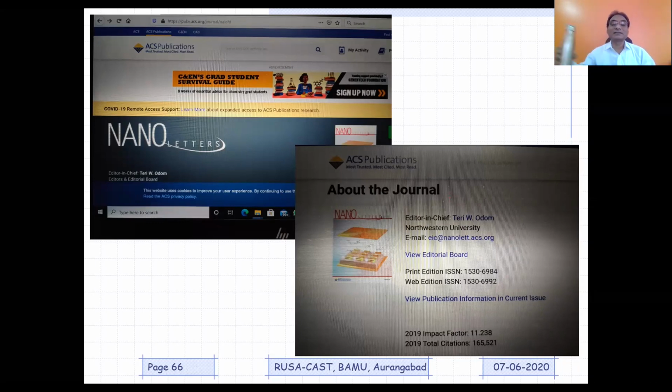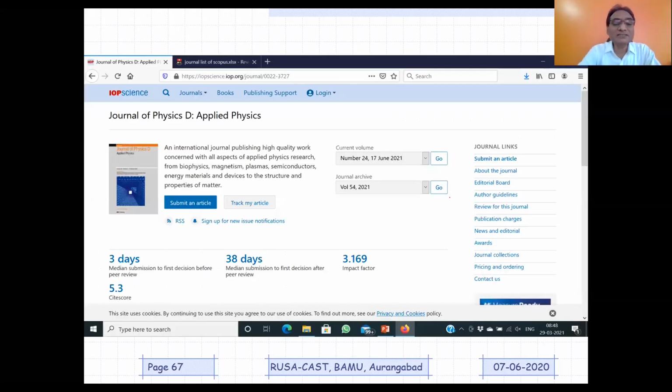As I mentioned earlier, you can see the other parameters on the various pages of the journal. This is another very reputed journal from the area of material science, Journal of Physics D: Applied Physics. You can see impact factor is 3.169 and the CiteScore is 5.3.